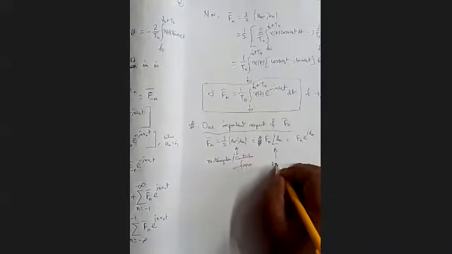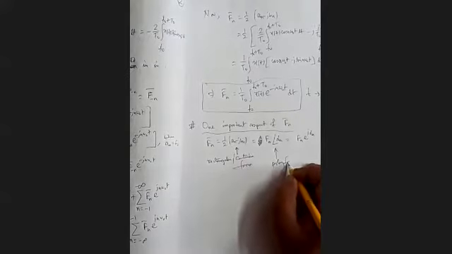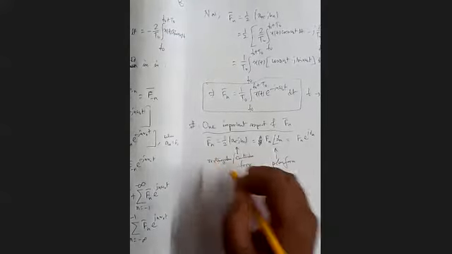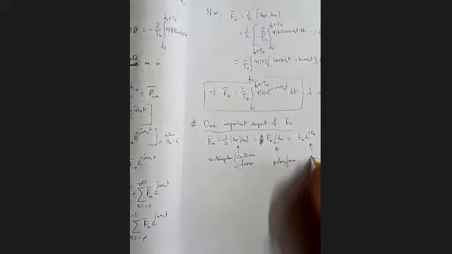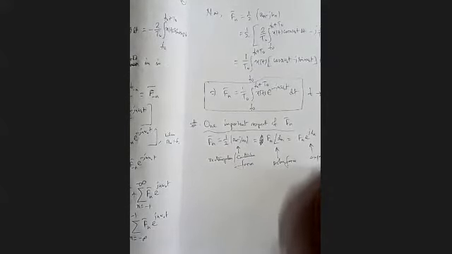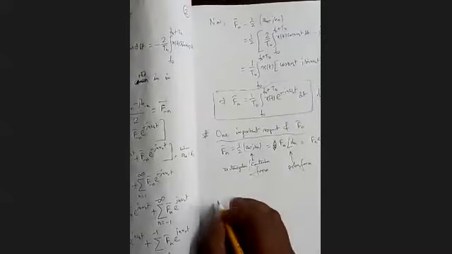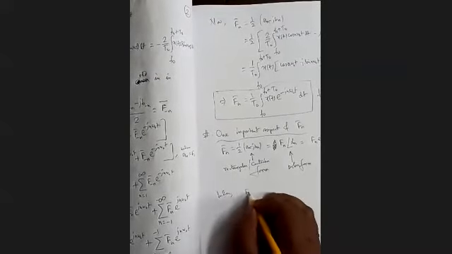This is the polar form of the coefficient expression of fn bar, and that is the exponential form.